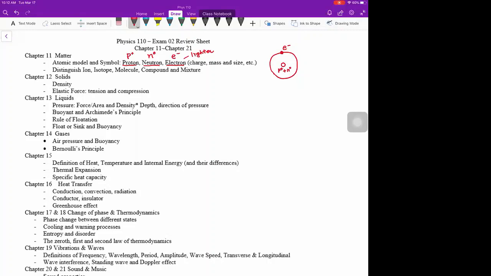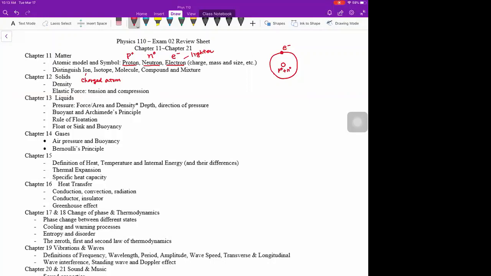We also talk about certain different terminology, about the ion. So an ion is a charged atom. It loses some electrons, or it gains some electrons. If they gain electrons, there will be a negative charge. If they lose electrons, it will be a positive charge.